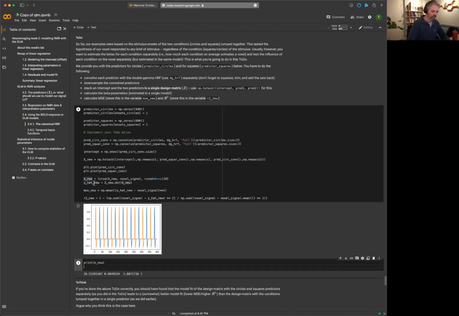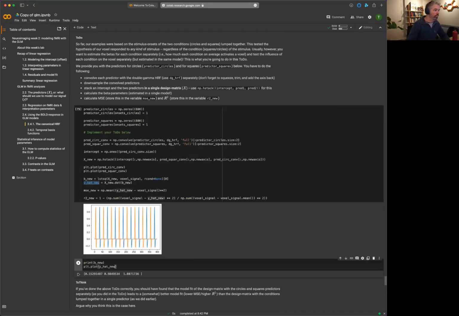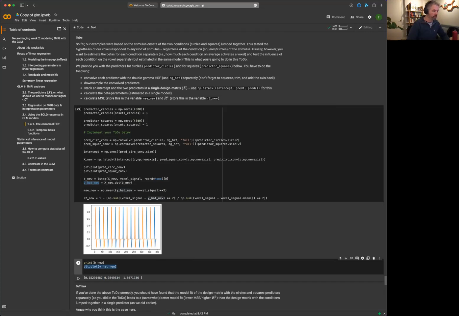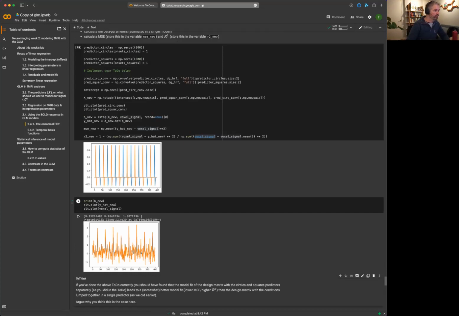And of course, when we then plot our y hat new and our voxel signal, that becomes apparent. Oh, should have plotted it the other way around.